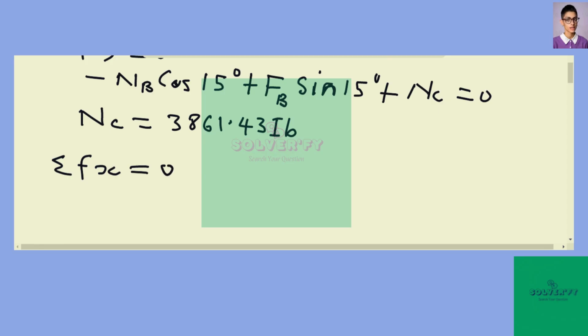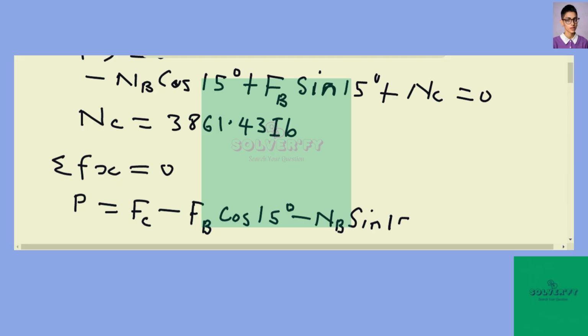When we do that, we are going to arrive at P, which we are looking for, equal to Fc, the frictional force at C, which converts to the normal reaction at C times the coefficient of friction that applies, cos 15 degrees, minus Nb sine 15 degrees, equal to 0.